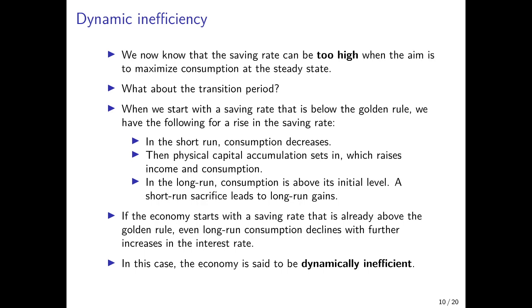So it's inefficient. This is called dynamic inefficiency: I have a saving rate that is so high that a decrease in the saving rate can make everybody better off, because the cohorts in the short run would benefit since the saving rate would be reduced so they can consume more, and even the steady state consumption would be higher because of what we've just seen.